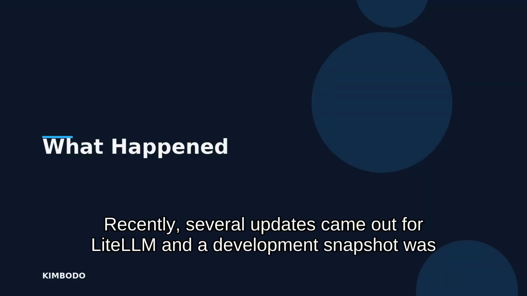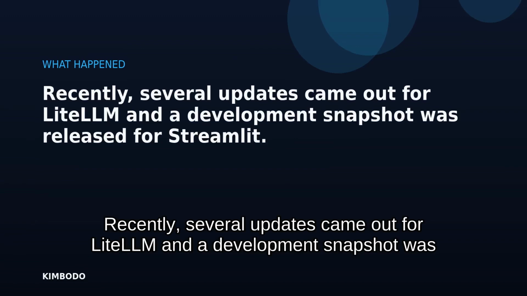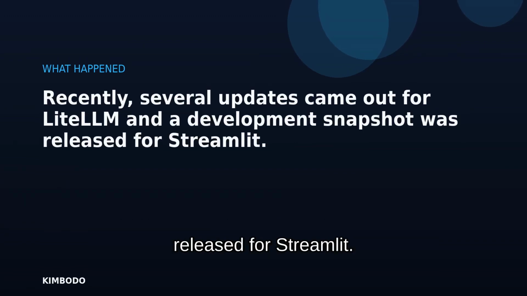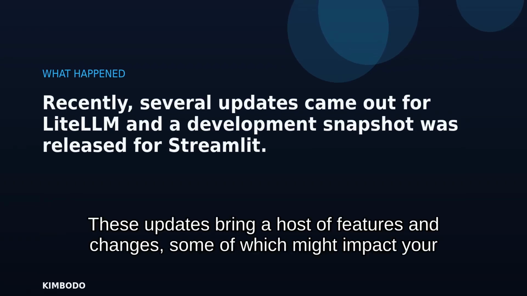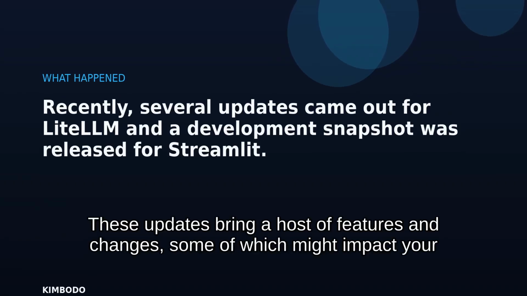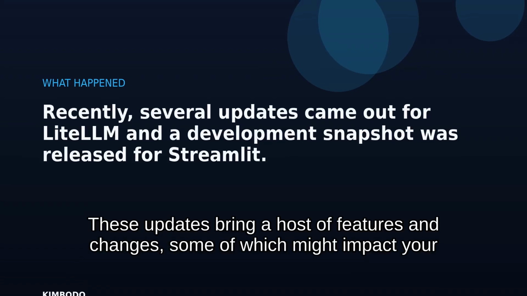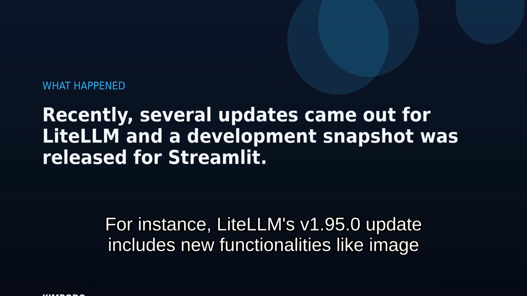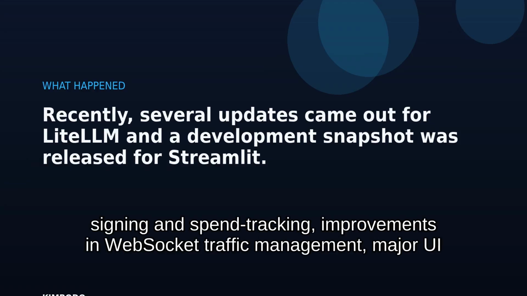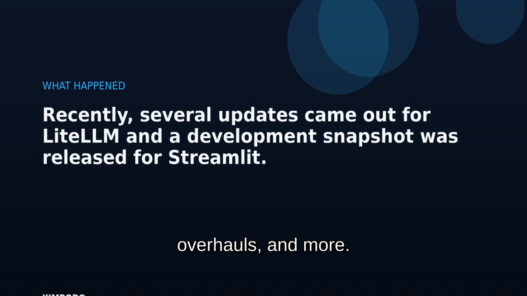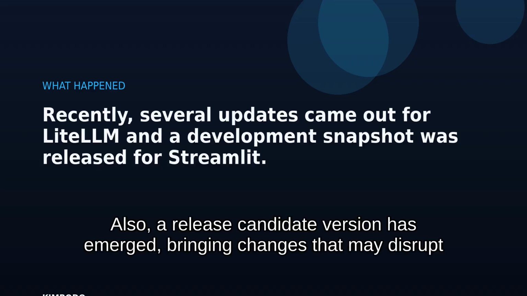Recently, several updates came out for LiteLLM and a development snapshot was released for Streamlit. These updates bring a host of features and changes, some of which might impact your ongoing projects. For instance, LiteLLM's version 1.95.0 update includes new functionalities like image signing and spend tracking, improvements in WebSocket traffic management, major UI overhauls, and more.